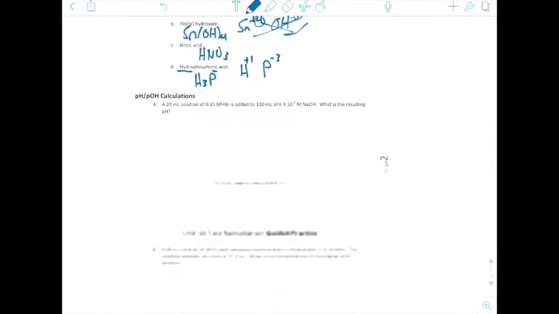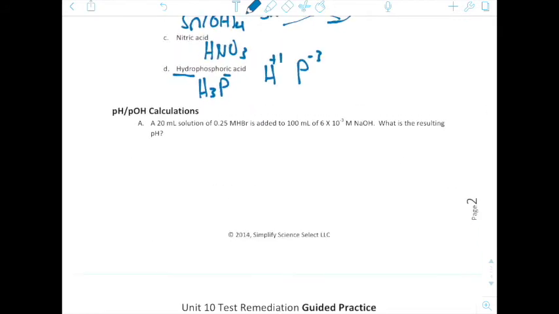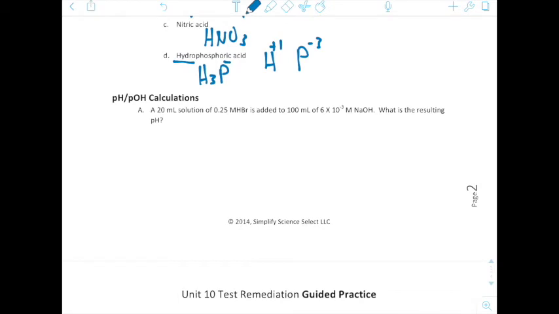Moving on to pH and pOH calculations, it says a 20 milliliter solution of a 0.25 molar hydrobromic acid is added to 100 milliliters of a 6 times 10 to the -3 molar sodium hydroxide. And so what is the resulting pH? So it's strong acid, strong base.